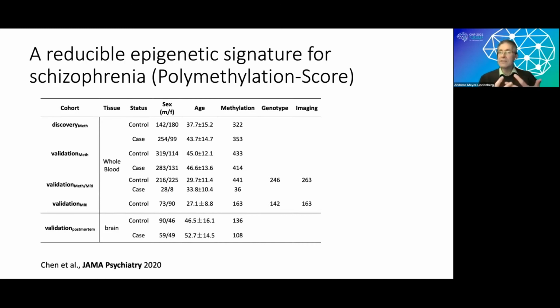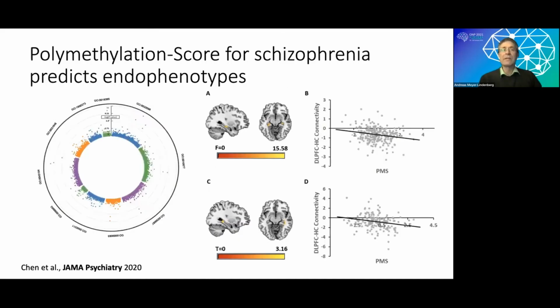As you know, methylation is one of the most important primary epigenetic molecular mechanisms. We validated that in whole blood in a case control sample, and we were then able to ask the question: are these predicted brain methylation scores linked to methylation in brain? Because that's what we want to know. And we did that in post-mortem brain. And are they related to brain function in vivo, which we measure using fMRI?